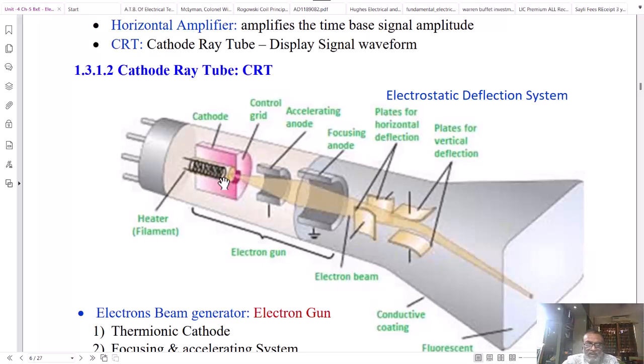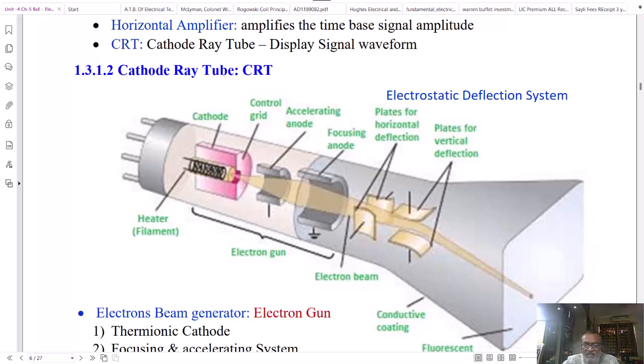So when the cathode is heated, it emits electrons. Then it is surrounded by the control grid. The function of the control grid is to control the amount of electrons moving from the cathode to the anode. Here there are three anodes present.